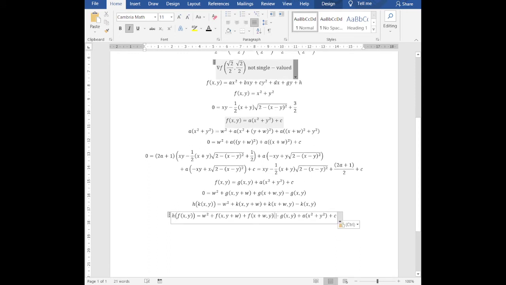So I'm now going to replace every x with an x plus w in this part. And then I'm going to do the same here. I'm going to copy this down and substitute in a y plus w.